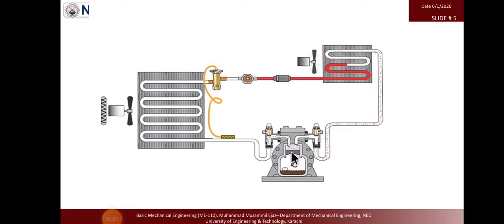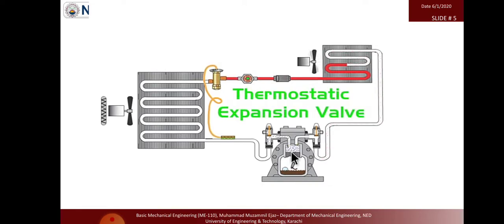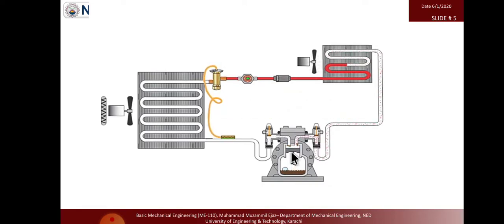The first question in the refrigeration cycle is how we can get the cooling effect. You can get the cooling effect by pushing high pressure fluid to a lower pressure area.